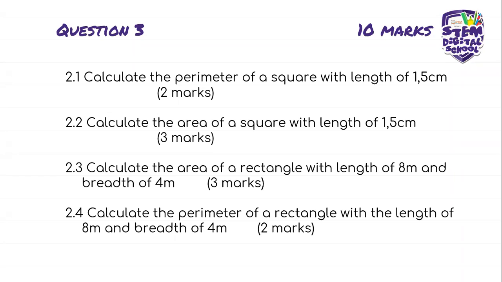Let's go now to 2.4, where we need to calculate the perimeter of the rectangle, where the length is 8 meters and the breadth is 4 meters. And Minas is now saying that 24 meters will be the answer. Minas Sali, thank you very much for putting in the answer there.